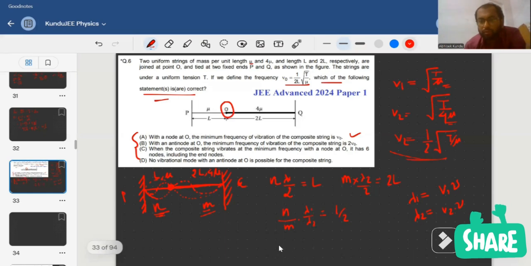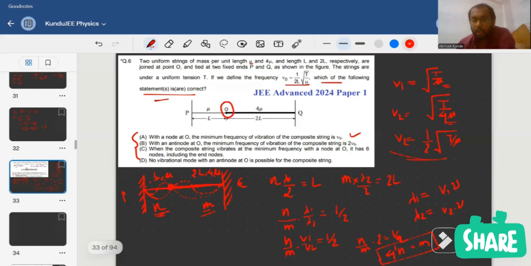So what is lambda 1 by lambda 2? It is V1 by V2 basically. We know that V1 is twice V2. We can write that n by m is 2 into 1 by 2, so 4n is equal to m.